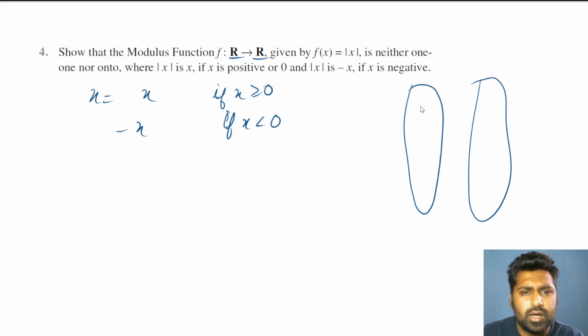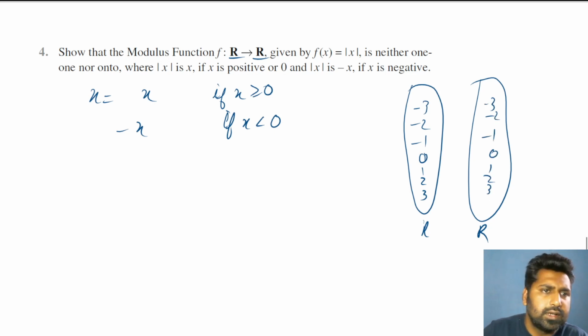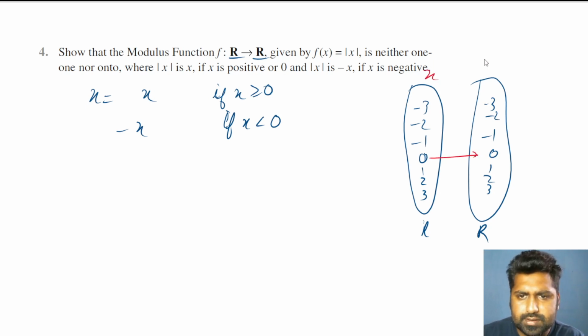Let's take R to R, so we can take any value. I'm still taking the easy numbers, -3, -2, -1, 0, 1, 2, 3. Here also -3, -2, -1, 0, 1, 2, 3. Let's try to relate them. Mod of 0 will be 0, y is mod x.